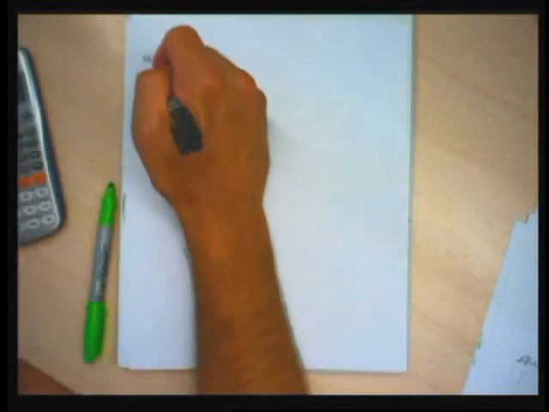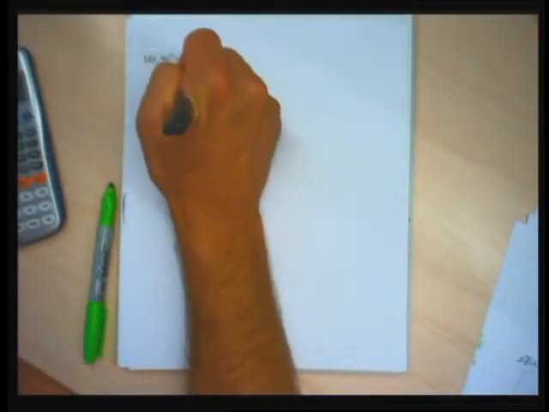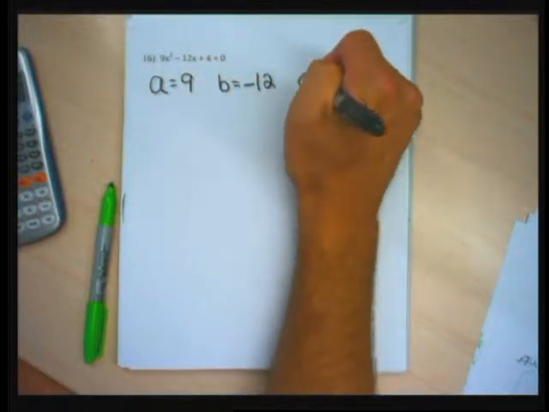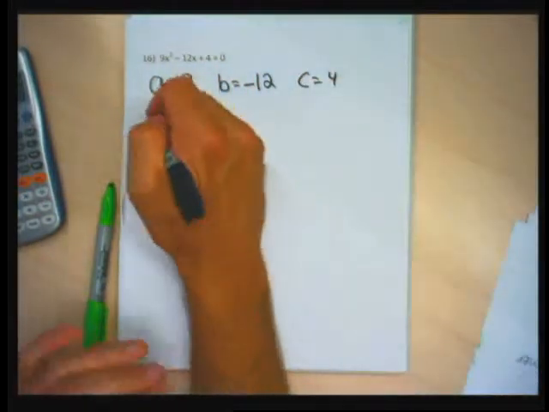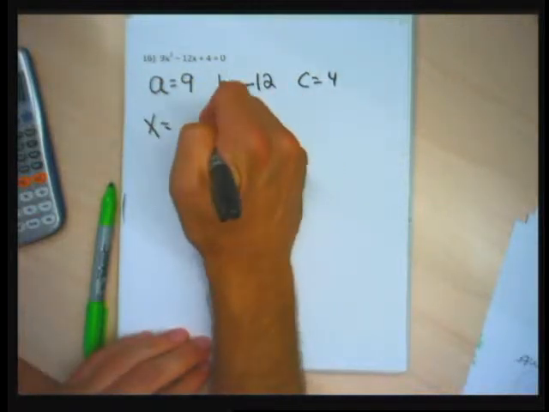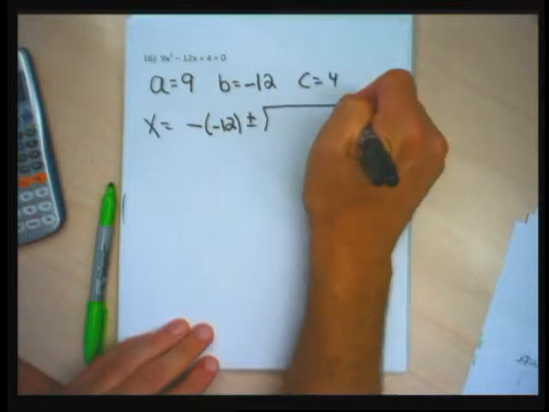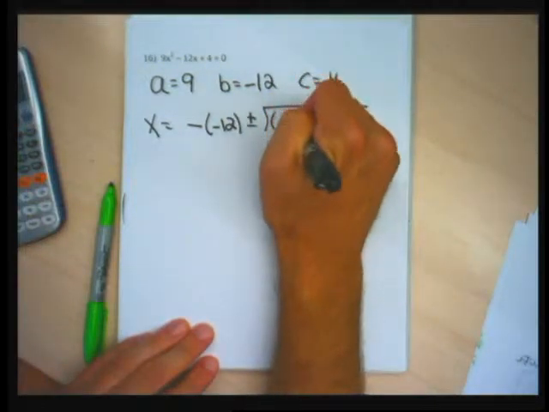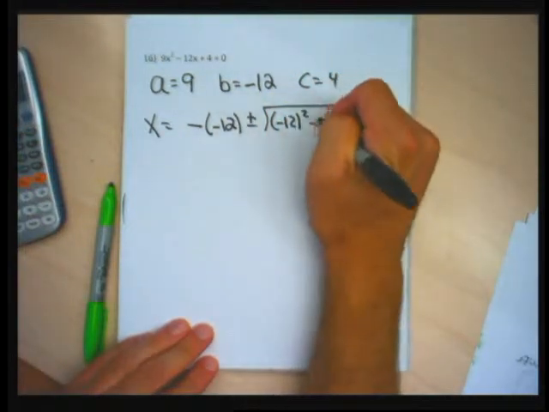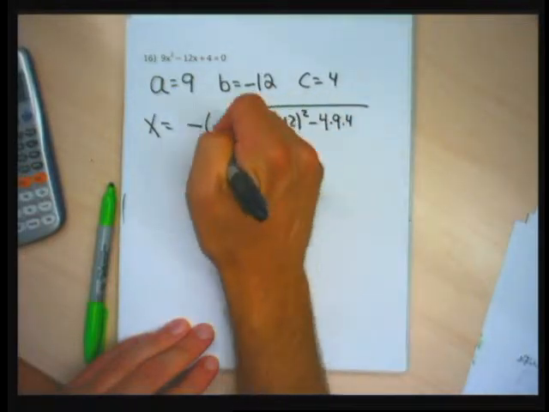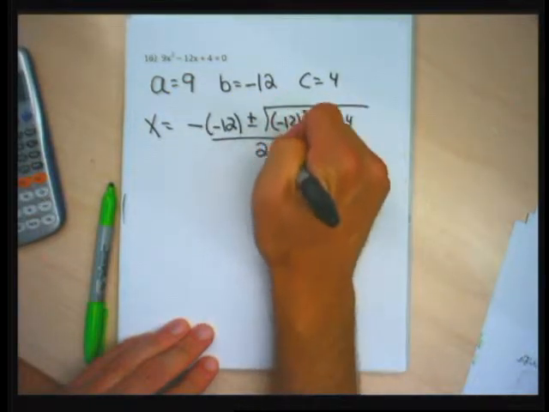So 16, a equals 9, b equals negative 12, c equals 4, x equals negative 12 plus or minus the square root of negative 12 quantity squared minus 4 times a, which is 9, times c, which is 4, over 2 times a, which is 9.